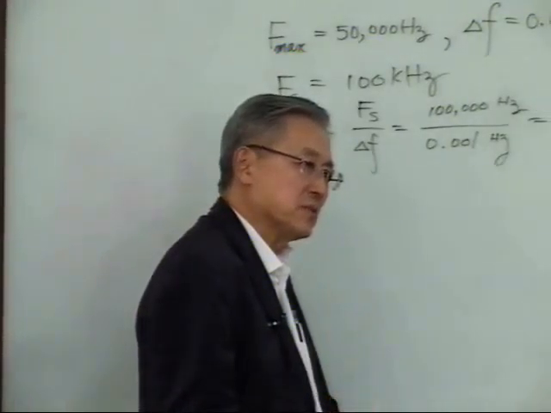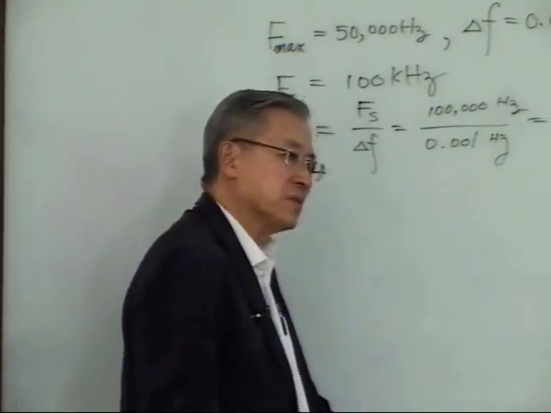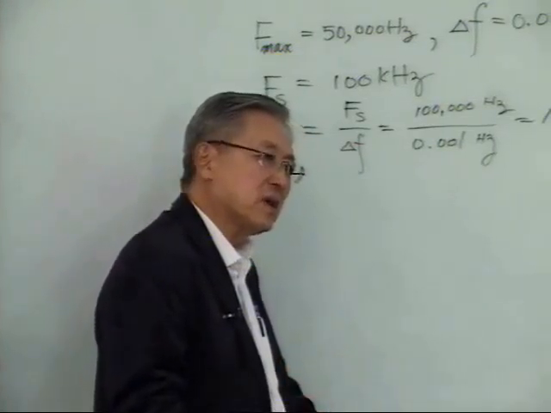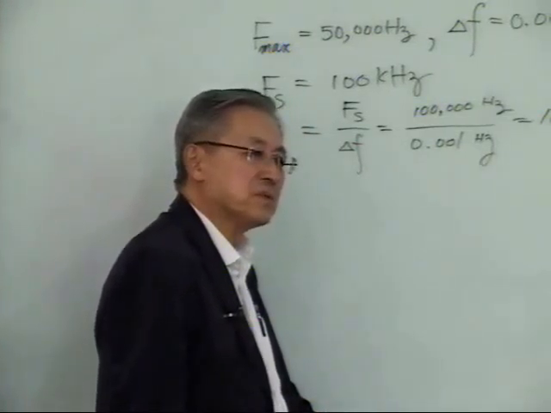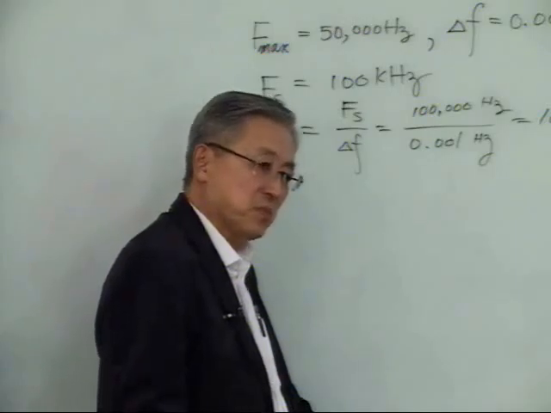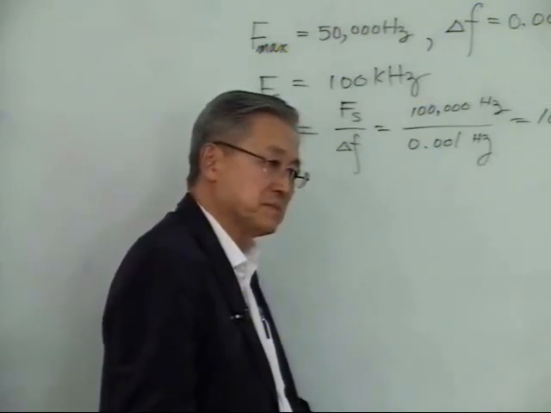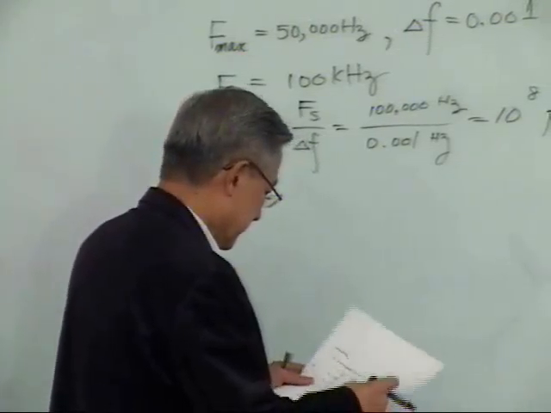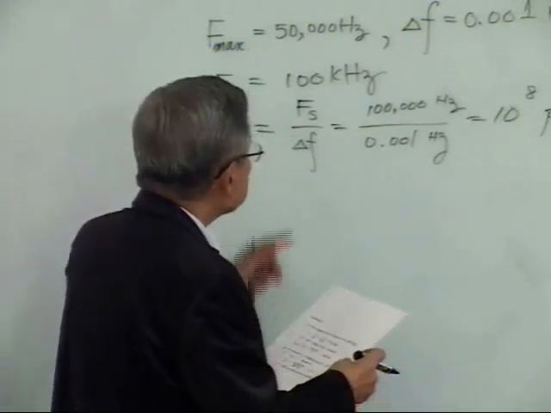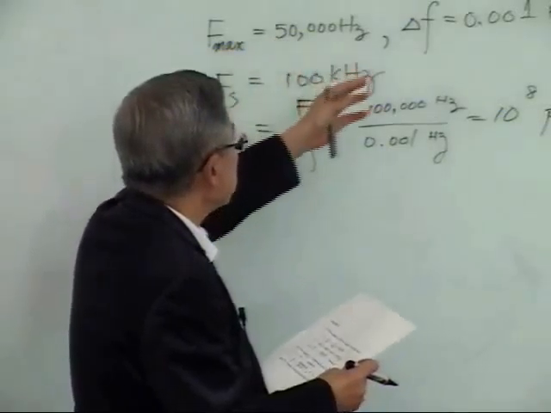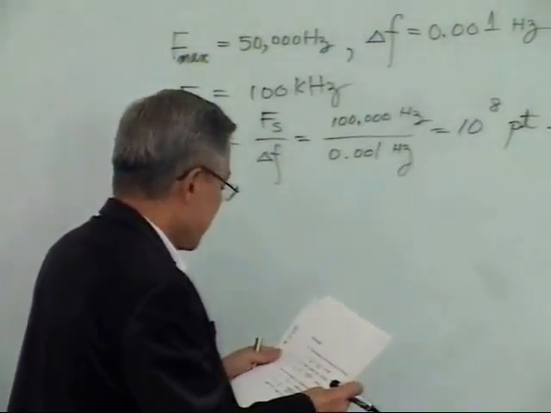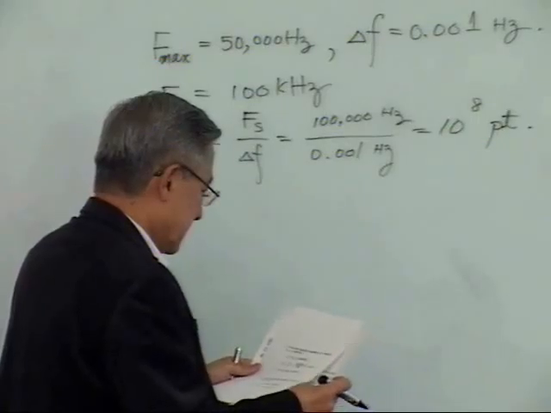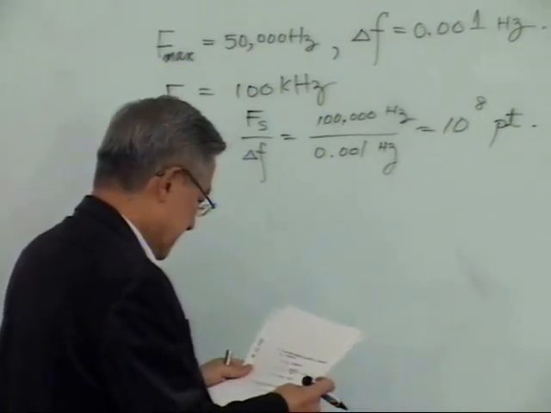But the analyzers we are dealing with nowadays have the capability to deal with 50,000 hertz. They're more expensive. So you can't just demand everything. You have to give up something.